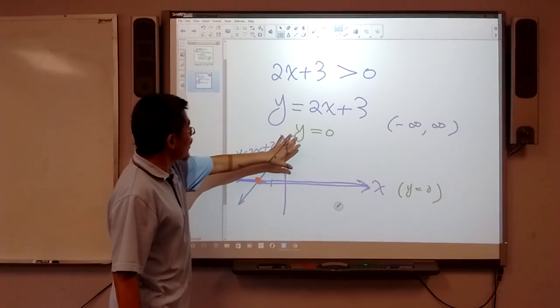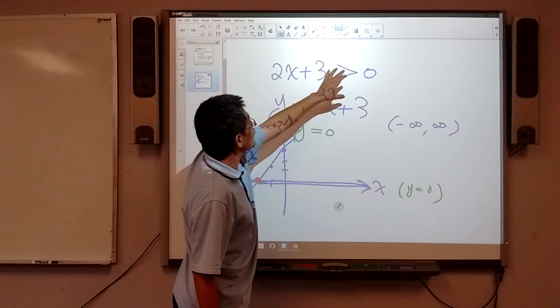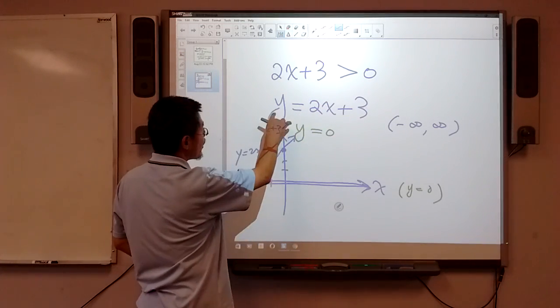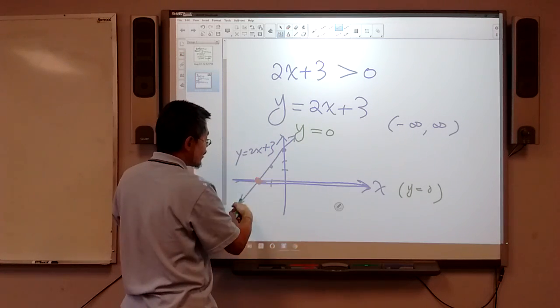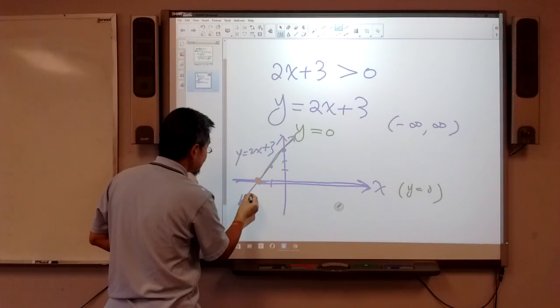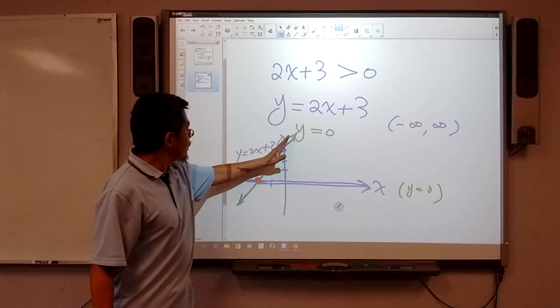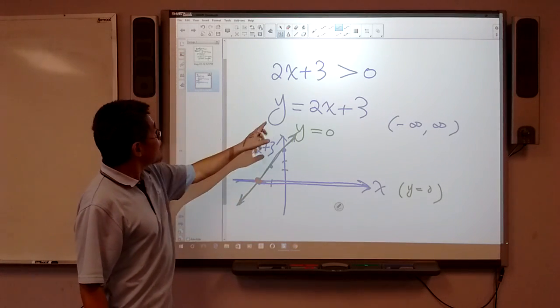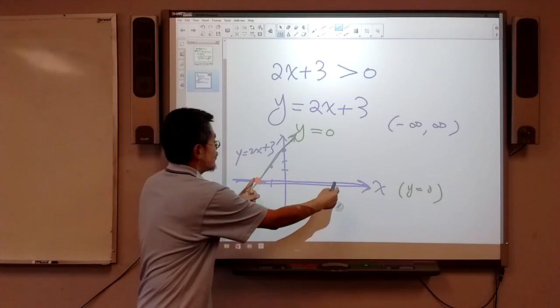So now we have 2 lines here. One is this, one is this. When we say this is greater than that, basically we're talking about 2 lines, right? Between this line and that. So for 2x plus 3 greater than 0, that means what?